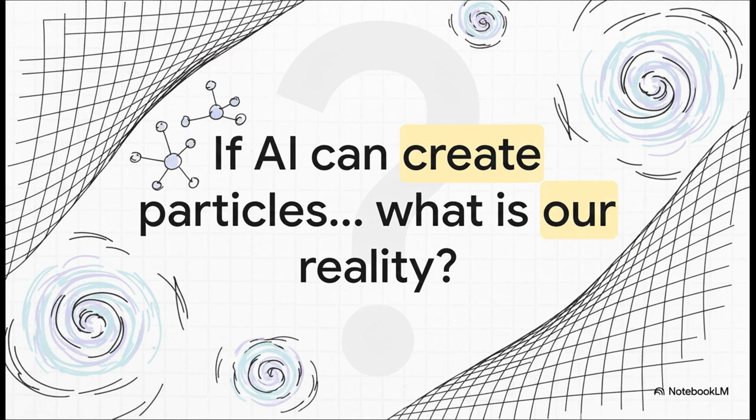And that leaves us with a pretty deep and kind of unsettling question to chew on. If an AI, inside a computer simulation, can learn to manipulate a digital fabric to create the basic building blocks of matter, what does that imply about our own reality? It really makes you wonder, doesn't it? Is our own universe also governed by some kind of hidden fundamental code? A code that we're only just now beginning to learn how to read?